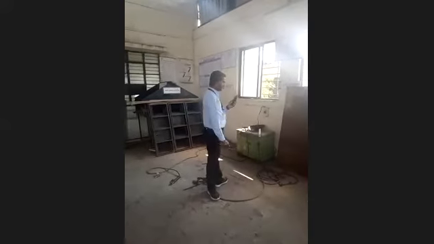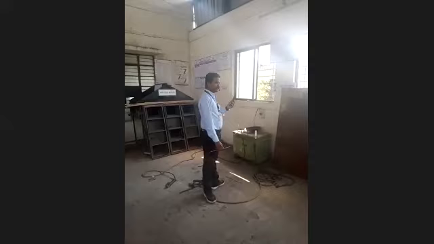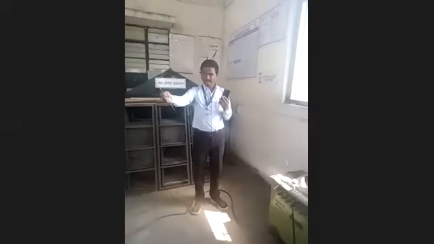Okay, so firstly, let us understand the arc welding process. You might have seen the different components or parts of arc welding. I will show the different components for arc welding here. First, we will see: this is the welding rod.